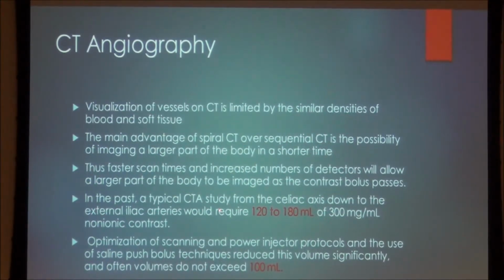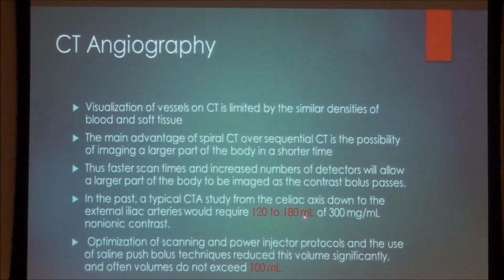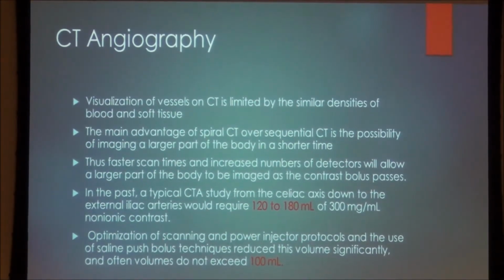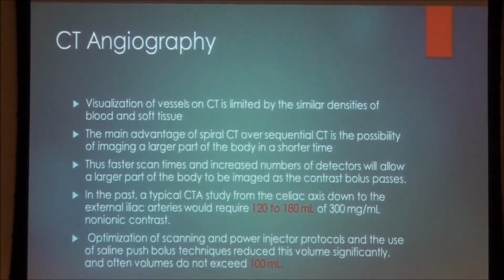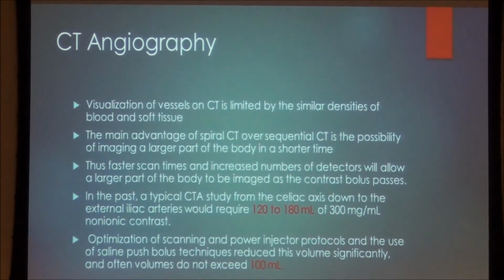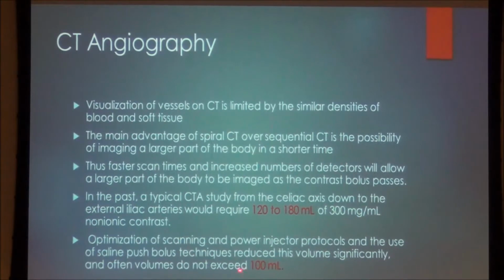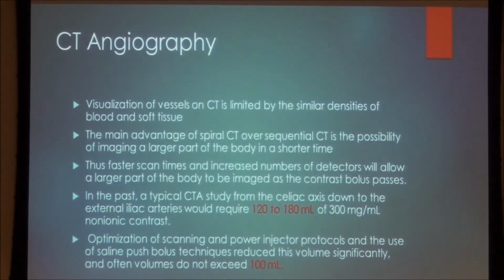In a regular CT scan with contrast, we give 120 to 180 ml of contrast, but with recent advances in technology in CTA, the contrast may not even exceed 100 ml, which is safer for the patients.